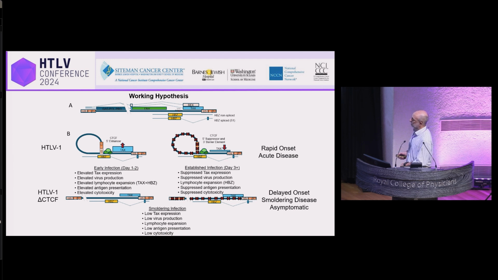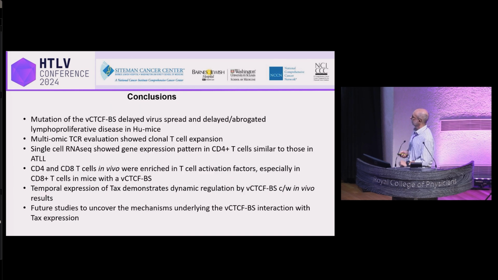Whereas when there's loss of CTCF binding, there's a more smoldering infection with low levels of all of the parameters that I just mentioned, or no disease whatsoever. And whether this correlates to what appears in humans with smoldering or asymptomatic individuals compared to rapid and acute disease remains to be investigated.